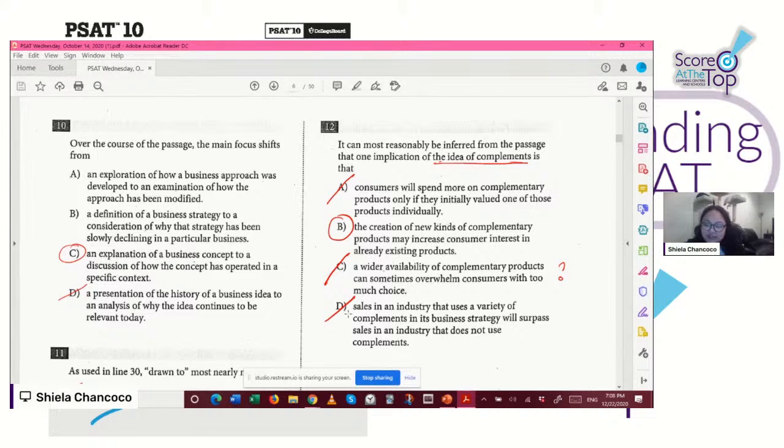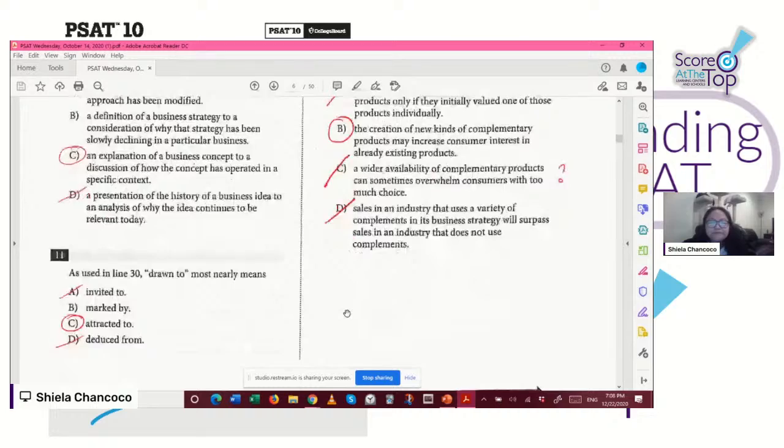Sales in the industry that use a variety of complements will surpass sales in the industry that does not use complements. Okay, nothing in the passage said any of that. So if you had kept B and you're like, oh, that's semi-true, that's the best answer, right? You see how you have to learn to decipher all these answer choices to be able to pick out, okay, it's not this, it's not this. Comparatively, B is better. Okay.